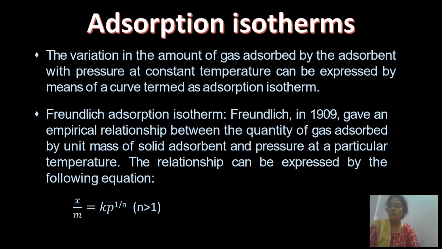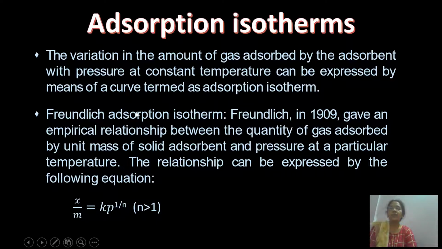Adsorption isotherm. Adsorption isotherm means at constant temperature. So the variation of the amount of the gas adsorbed by the adsorbent with pressure at constant temperature, that is represented by a graph that is called an adsorption isotherm.